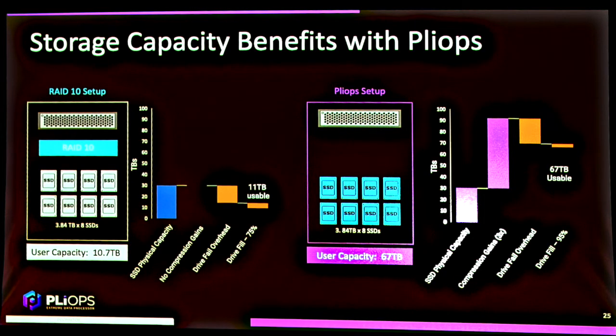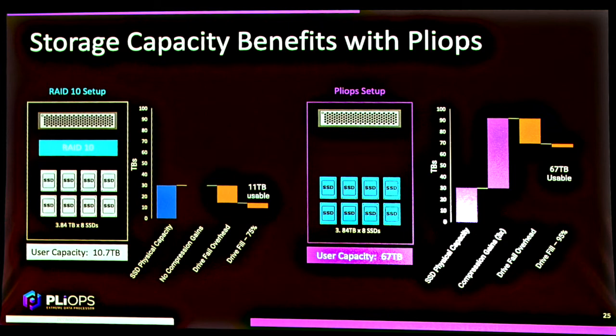So yeah, this is another chart to illustrate how we expand the capacity, not changing anything in the infrastructure, by providing inline data compression and transferring from RAID 10. Still, you get the same resiliency. Losing an SSD will not have an impact.